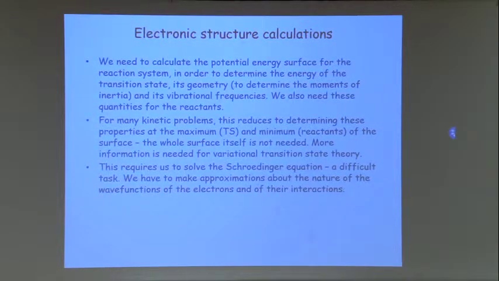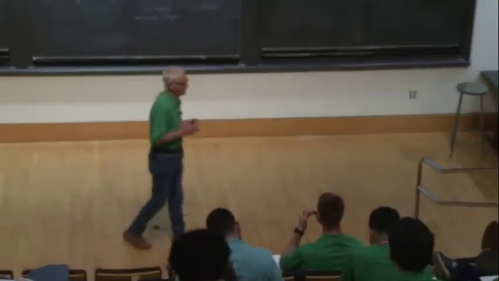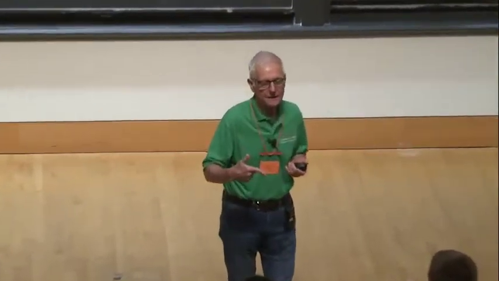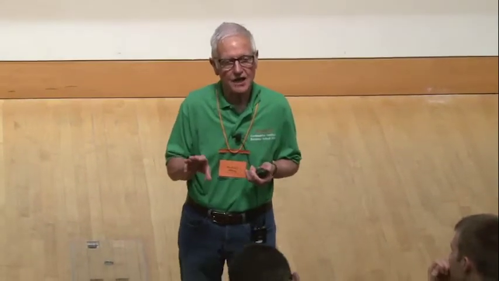Okay, what I'm going to do now is go very quickly and briefly through a discussion of the way in which potential energy surface calculations are carried out. If you look at a paper calculating a potential energy surface, there's a lot of nomenclature there, a lot of letters floating around.